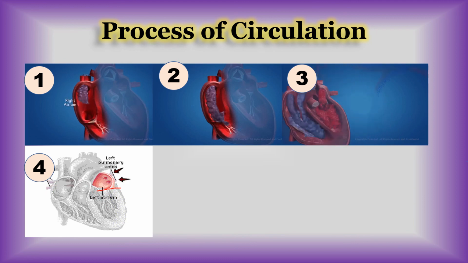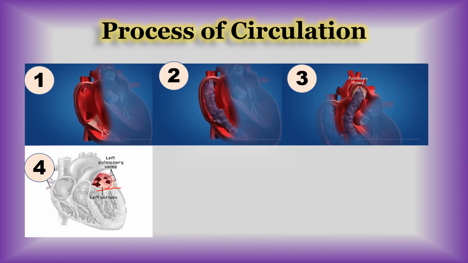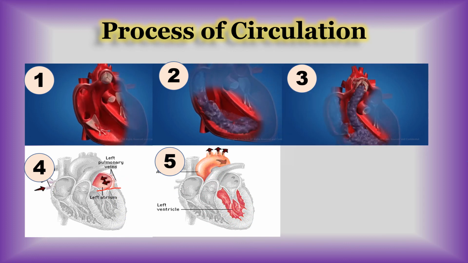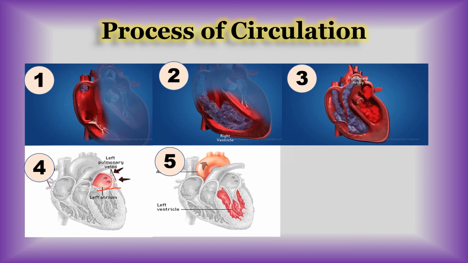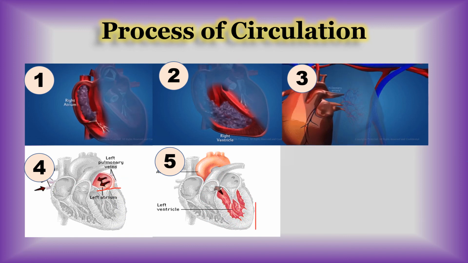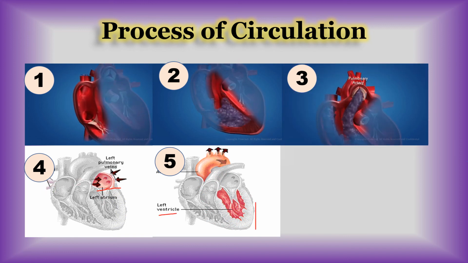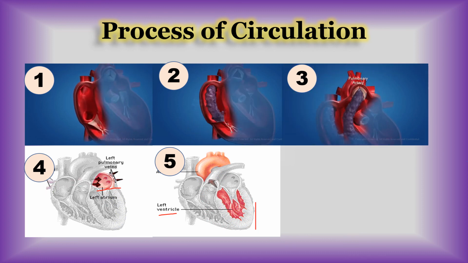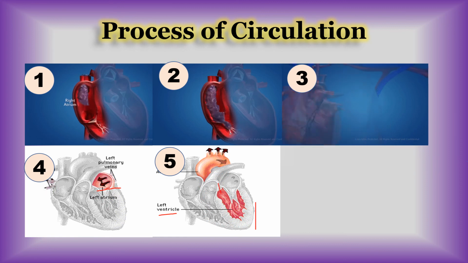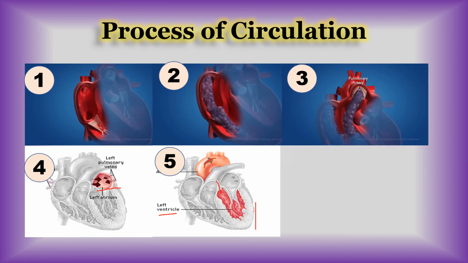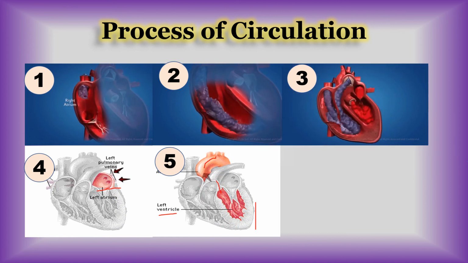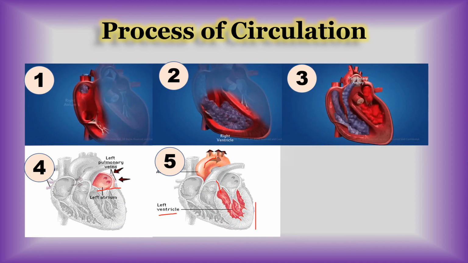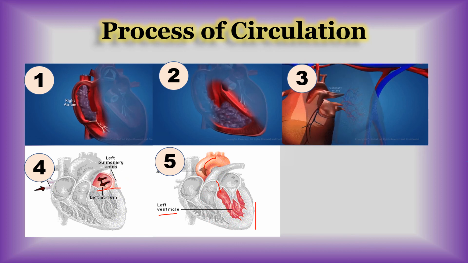And from the left upper chamber, or we can say the left atrium, the blood is passed to the lower left chamber, which is also known as the left ventricle, and from the left ventricle it is passed to the arteries. It is collected by the arteries and passed all over the body. It is circulated all over our body.